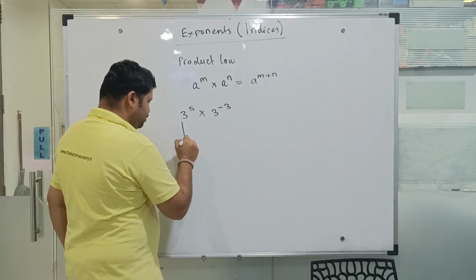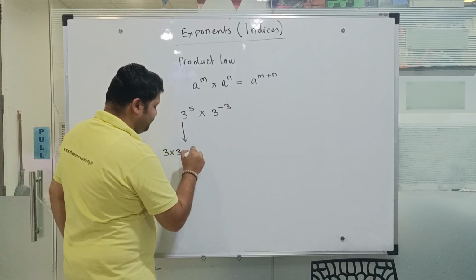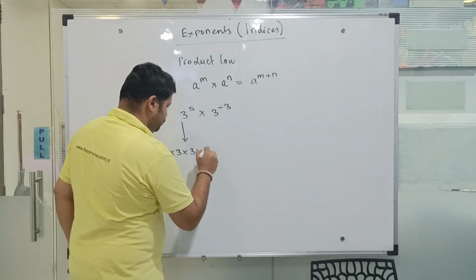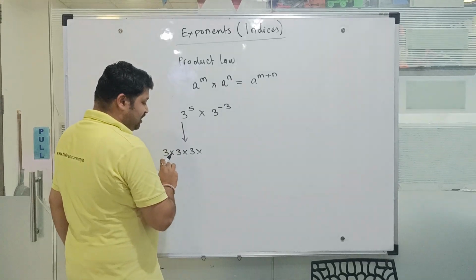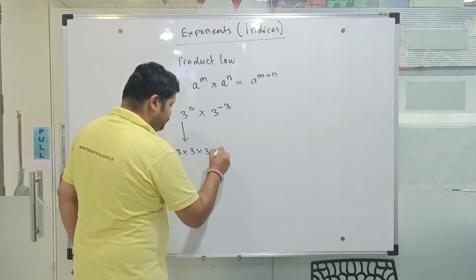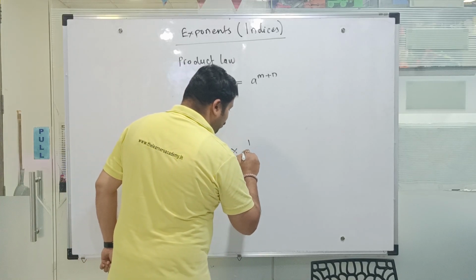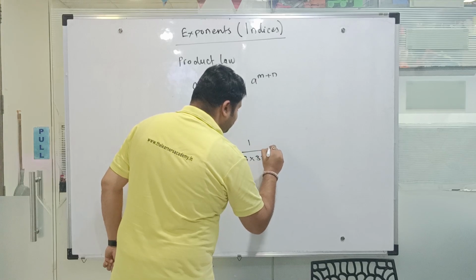So effectively this would mean 3 is multiplying itself 5 times, and then we would be multiplying it by 1 upon 3 times.